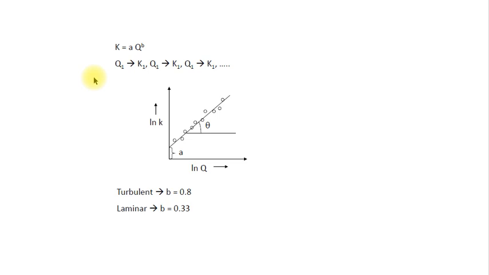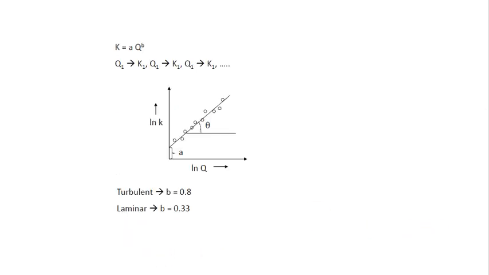So when you change the flow rate, the value of the mass transfer coefficient will change. Generally the mass transfer coefficient K is related to the flow rate by this formula: K equals A Q to the power B, where A and B are constants. So you conduct the experiment at different flow rates and calculate the value of K by using the earlier formula.